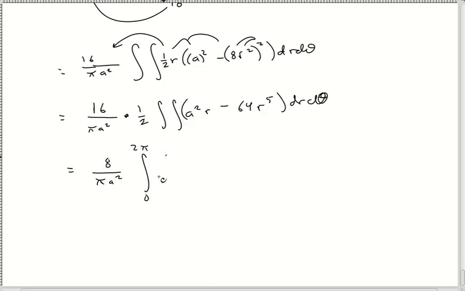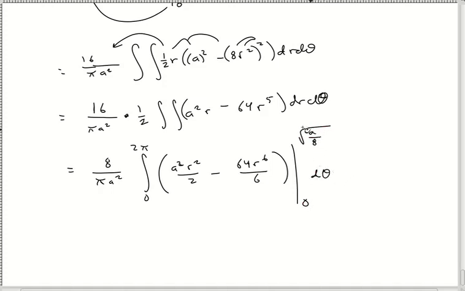Well, let's go ahead and integrate now. So r squared over 2. So a squared, r squared all over 2. And here it'll be r to the 6th over 6. From 0 to the square root of a over 8. D theta. This gets tossed into both places.